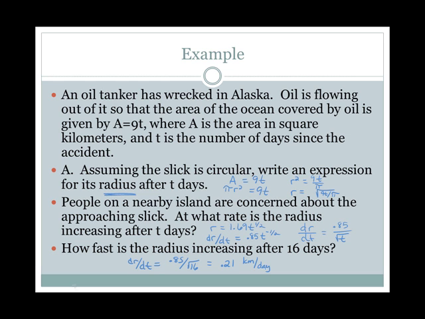So if I'm an environmental scientist, I better work on getting this thing under control, because on day 16, it is growing 1/5 of a kilometer. Day 17 will grow a little bit less. In other words, it will start to slow down a little bit, but it will continue to grow.